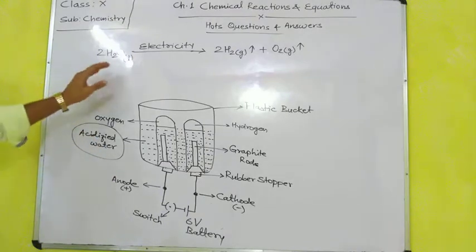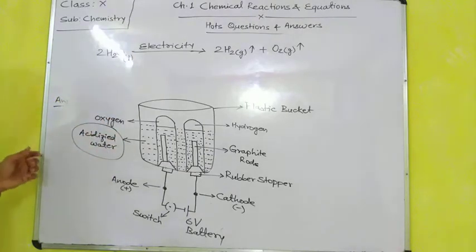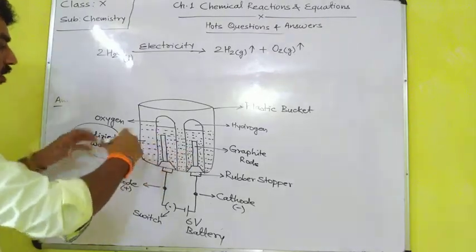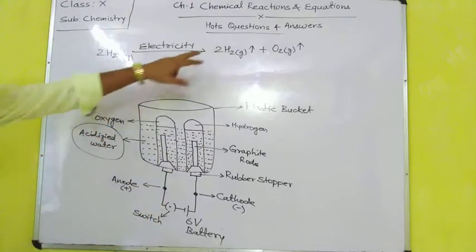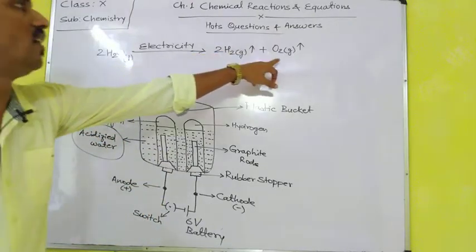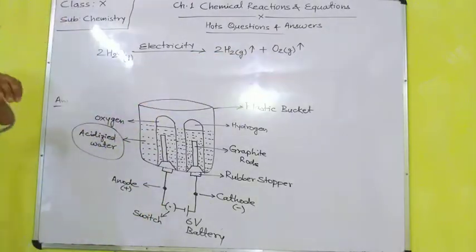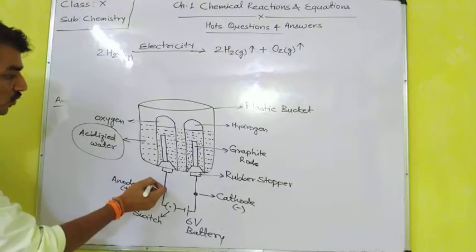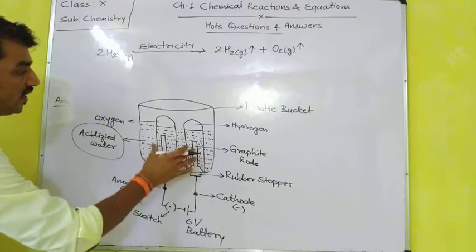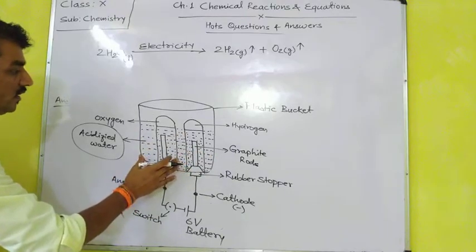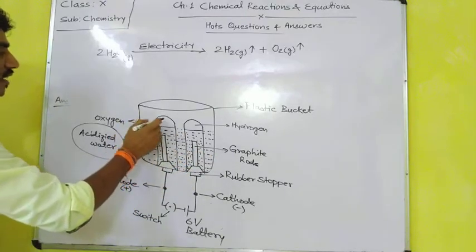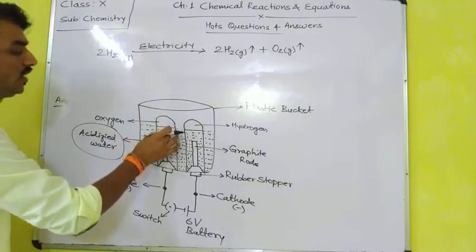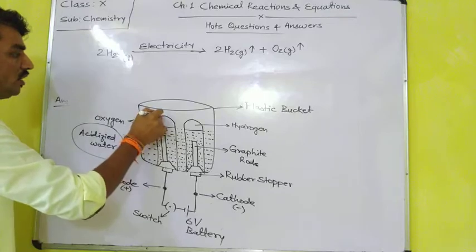When we flow the electricity, what happens? The water molecules break down into hydrogen gas and oxygen gas. The oxygen separates out from the container and is located in the upper side of the inverted test tube.